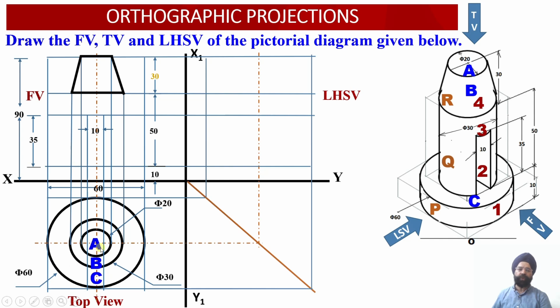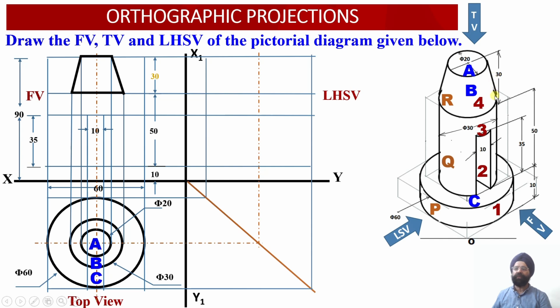Another thing we should remember: the moment I drew this circle with a diameter of 20 millimeter, I obtained the true shape of surface A in the top view. This was the true shape obtained in the top view while I drew this circle of diameter equal to 20, and then while drawing the circular portion of diameter equal to 30 millimeter, this sloping section was obtained, that is, the top view of this sloping section.